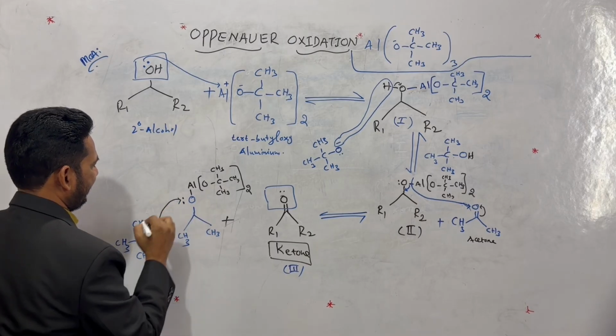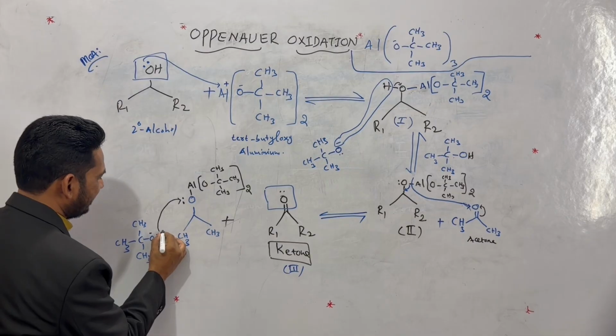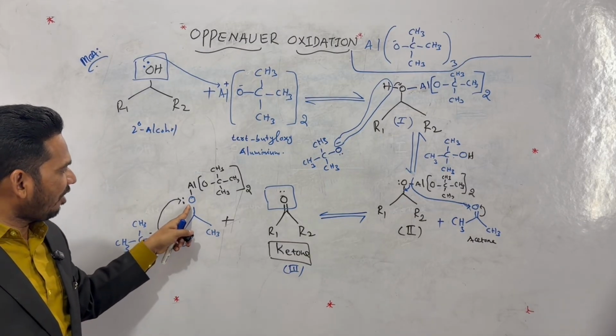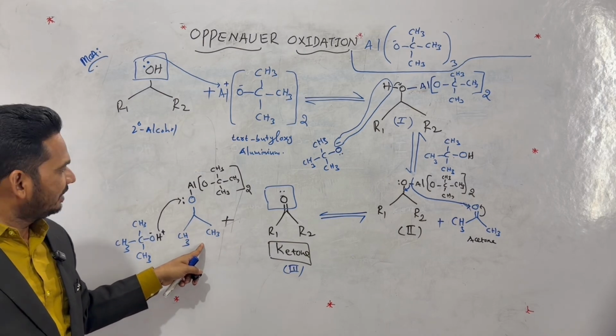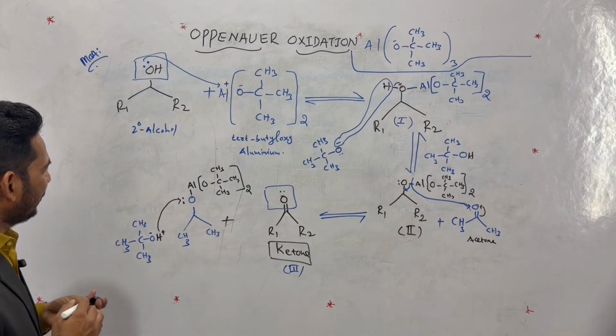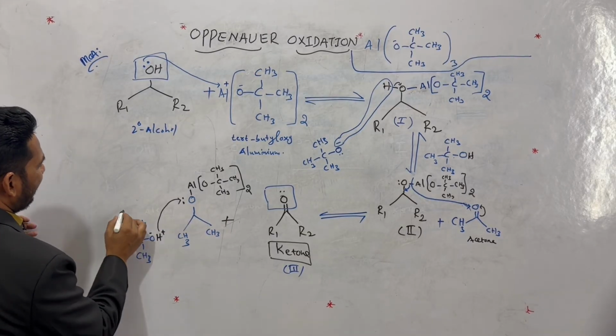Okay. Now this hydrogen moves here because this is the O minus H plus. Then this proton is taken away by which one? This acetone. Okay. Then when it takes this hydrogen, what is it converted to? It is converted to acetone.